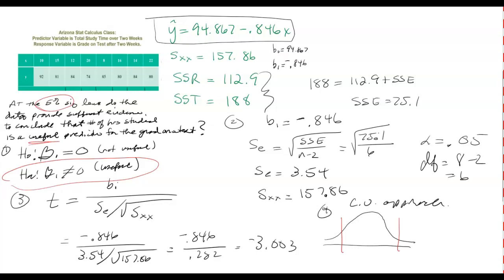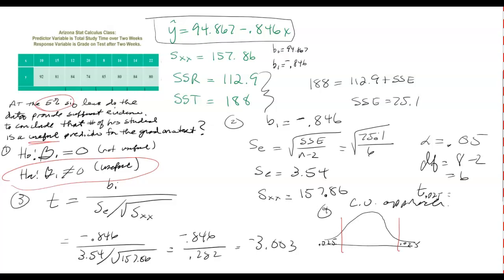So go ahead, go to your t-table. Now keep in mind, because this is two-tailed, that 0.05 has to be split between those two tails. So we're looking at 0.025. So we want t of 0.025 at 6 degrees of freedom.